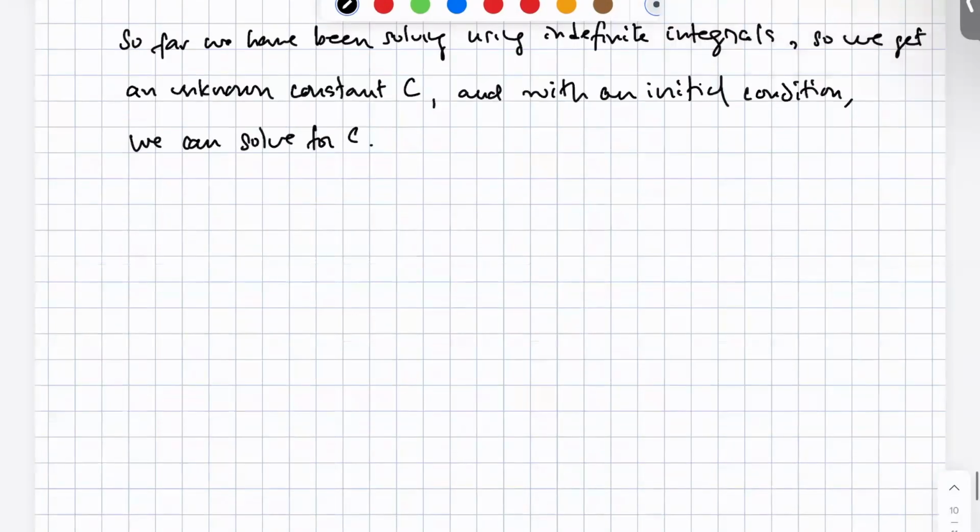But now we're going to look at a way to do the problem with a definite integral. So, separable equations solved by definite integrals.